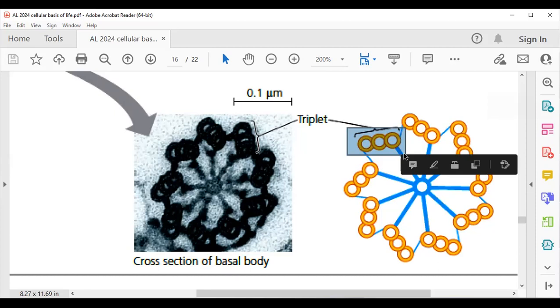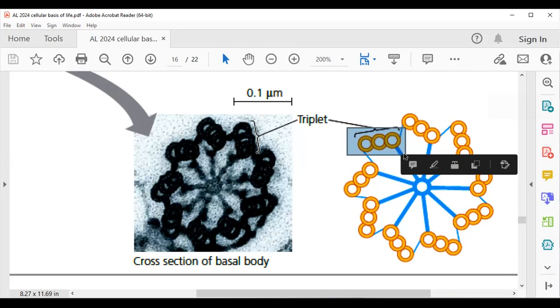This is described as the 9+0 arrangement. What kind of arrangement is found in the cilia? The 9+2 arrangement, with 9 doublets in the periphery. In the basal body, it is the 9+0 arrangement, where 9 indicates 9 triplets of microtubules.